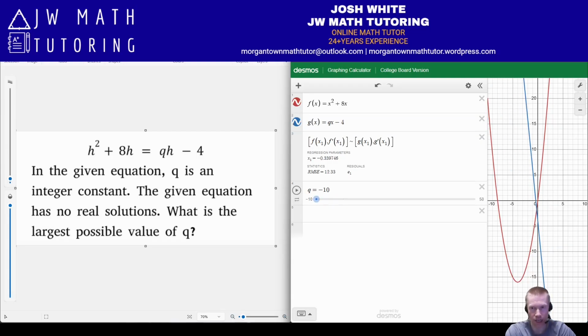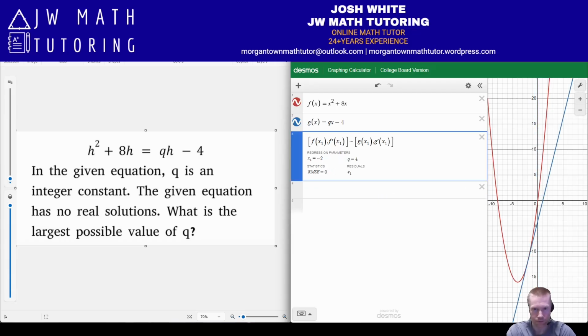And then it's going to go into the negatives, and what happens if we jump up here to negative, I don't know, say 100. Looks like they continue to intersect, even as we get larger and larger negative numbers. But notice what just happened when I got rid of that.